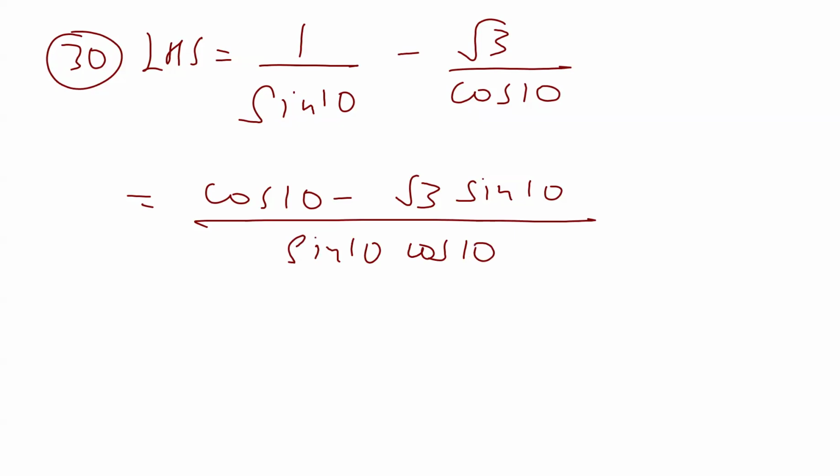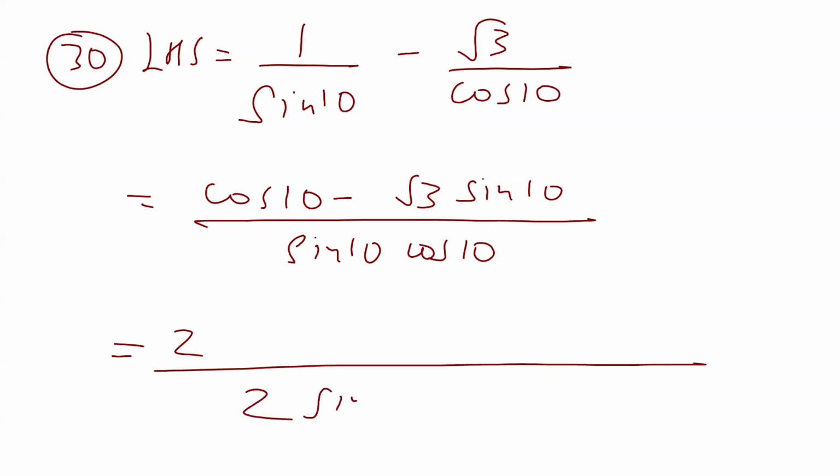I took the LCM, right? Now look at this particular format, sin 10 cos 10. I'll multiply this with 2 and hence I have to divide also with 2, so 2 sin 10 cos 10. So multiplying with 2 and dividing with 2.